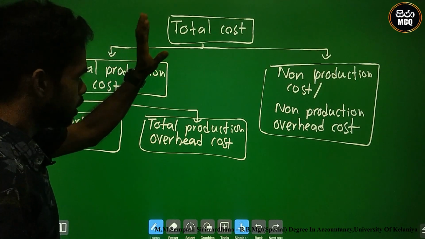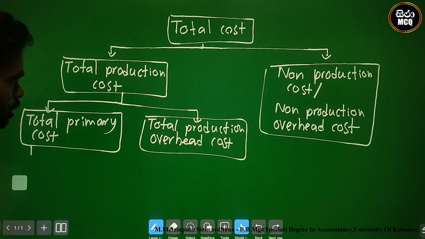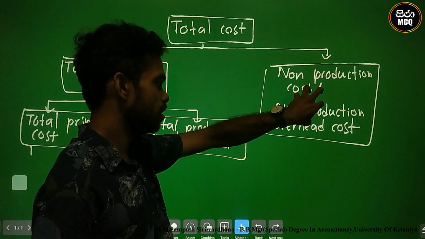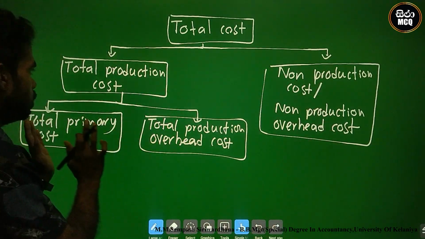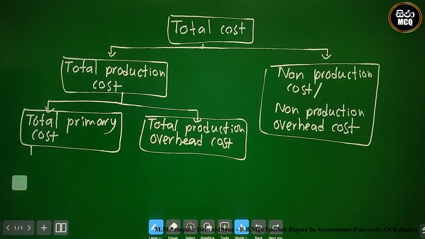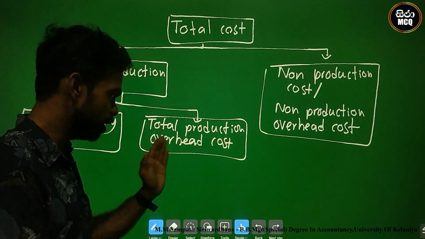The first categorization is total production cost and non-production overhead cost. Total production cost has two categories, total primary cost and total production overhead cost.